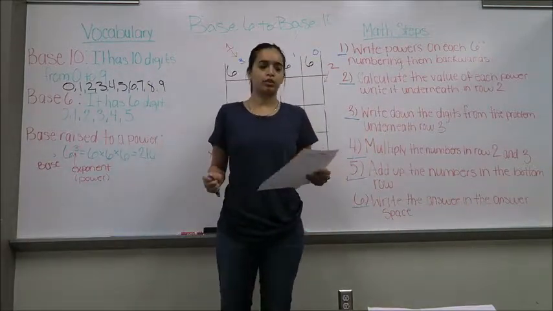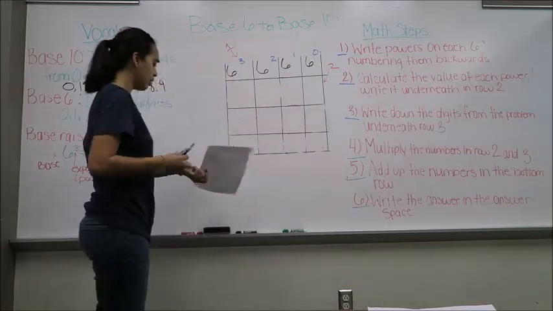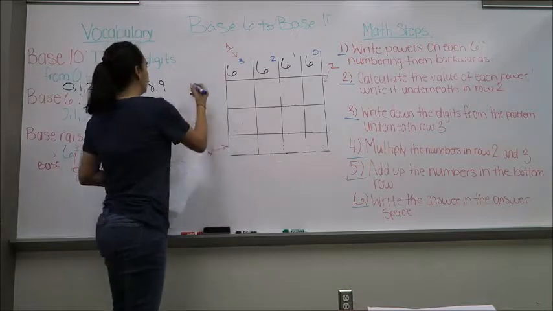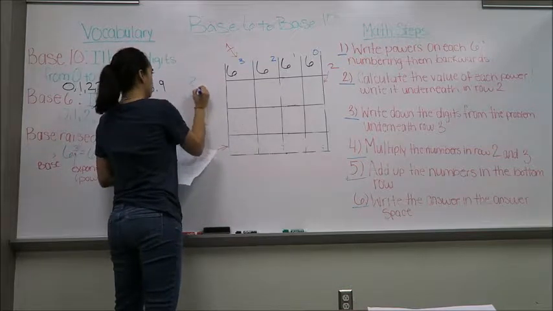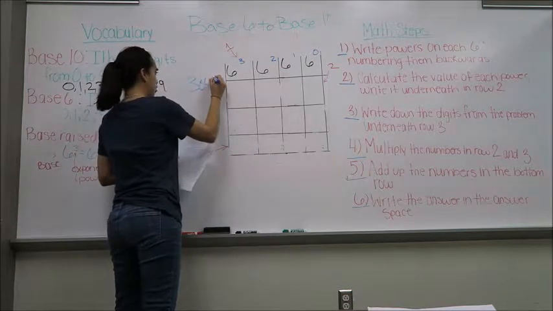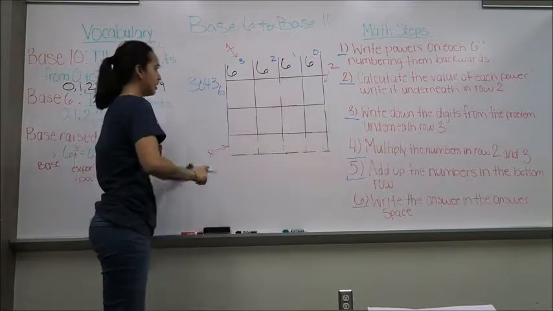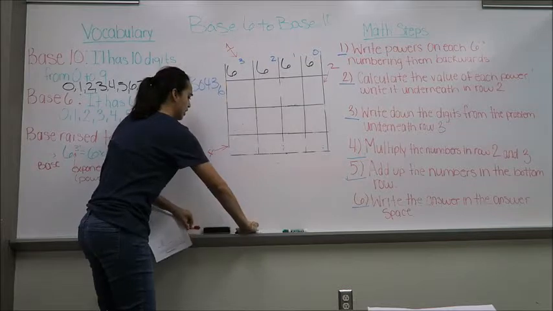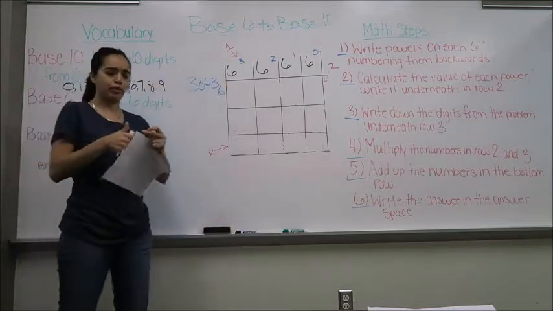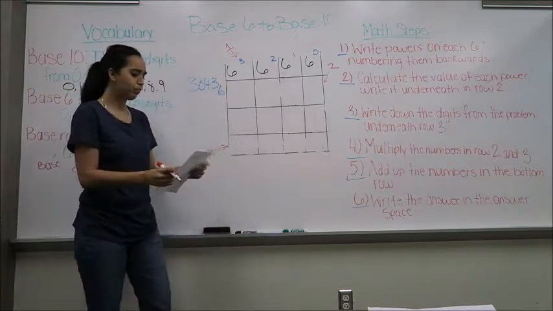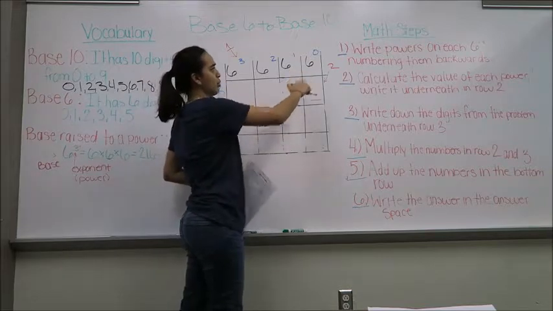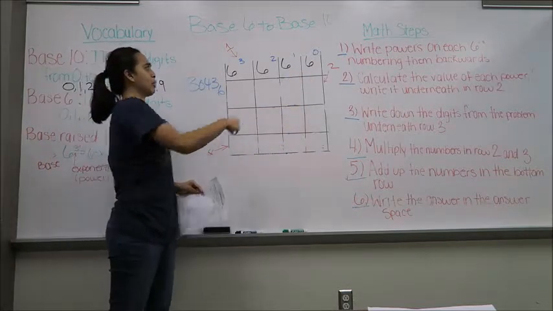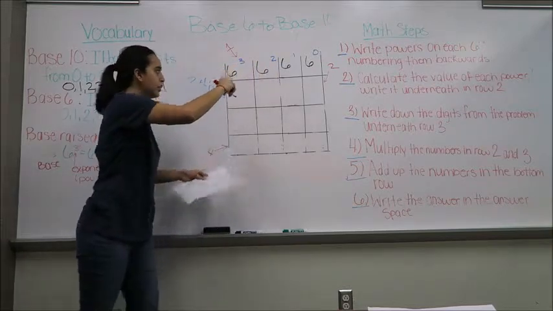So the first question that I gave y'all, which we're going to go over, is 3,443 base 6. Now this should be pretty easy, just like the previous problems. Remember, step 1: write the powers of 6, numbering them backwards, 0, 1, 2, and 3.